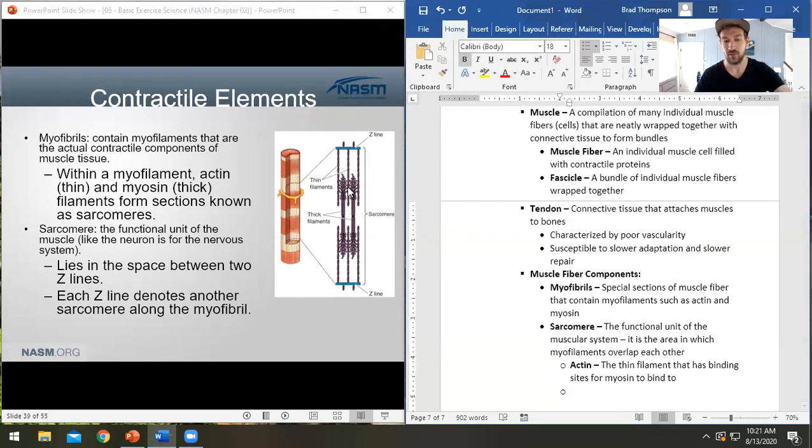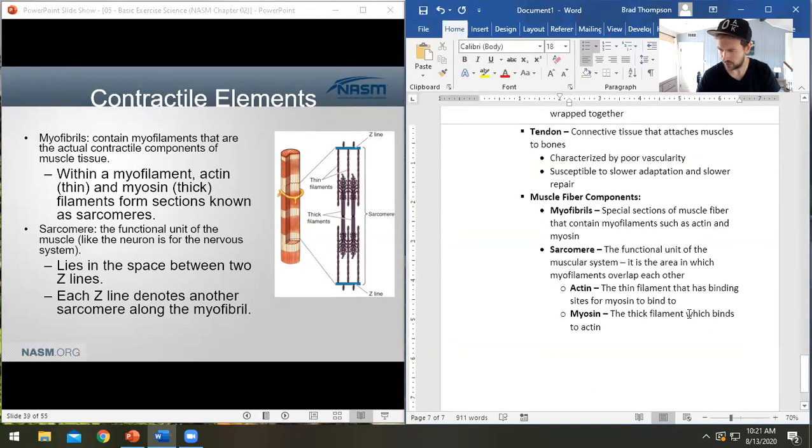So actin's the thin filament here. And then you've got myosin, which is the thick filament, which binds to actin. Okay. Actually, we'll say thick filament with heads that bind to actin.